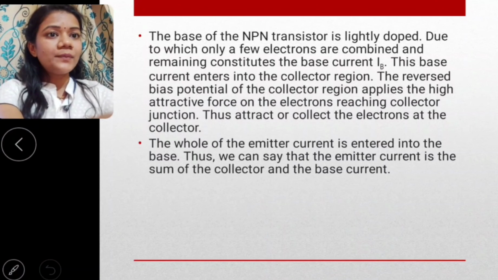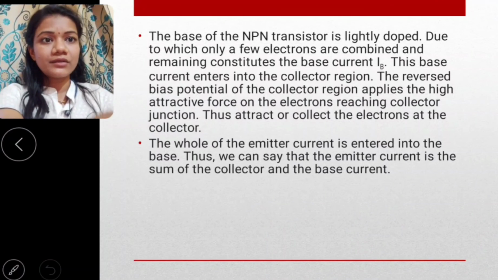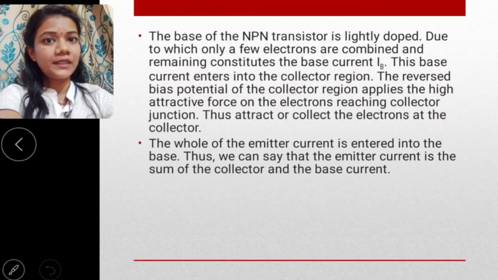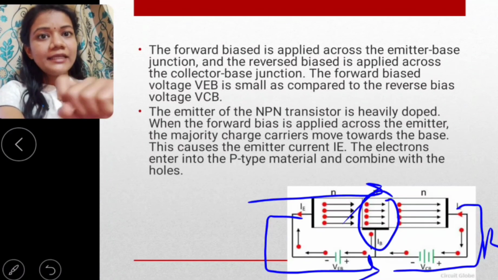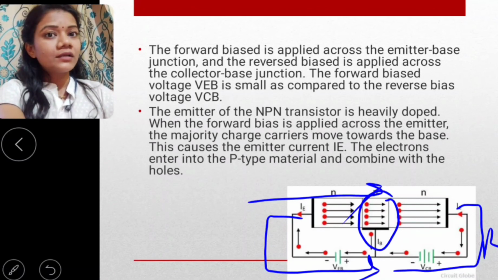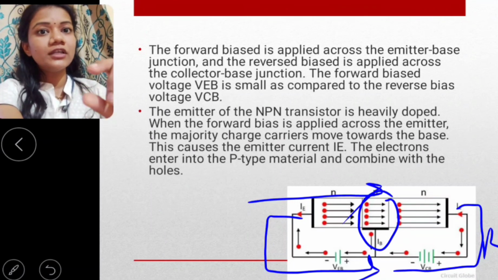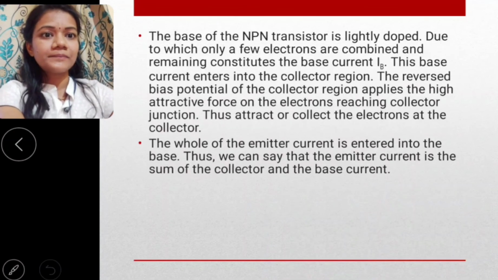The base of NPN transistor is lightly doped, due to which only a few electrons are combined and the remaining constitute the base current IB. Because of the lightly doped base region, a few electrons combine with holes and the remaining generate the base current.